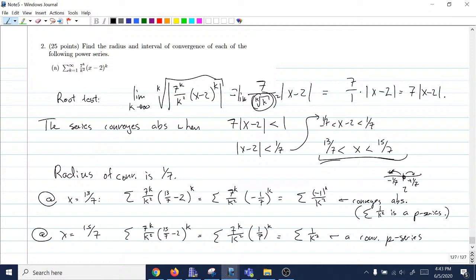So it converges at each of the endpoints. The interval of convergence, I can spell the word convergence, is 13/7 to 15/7 with a bracket on both ends.